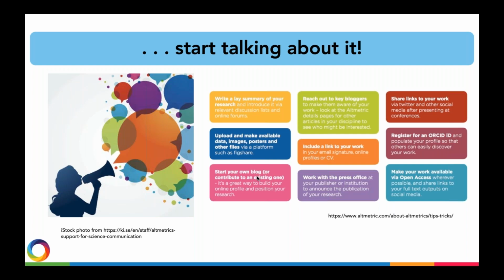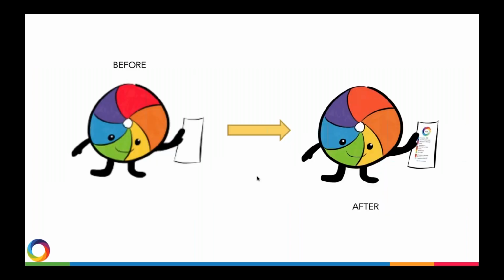Another way in which you can also make your work as discoverable as possible is to publish open access where possible, and then promote it that way through social media. And that is a very brief overview of how you can get something that may not have much attention, but after which, if you can promote it, you might have some colorful donuts to show.